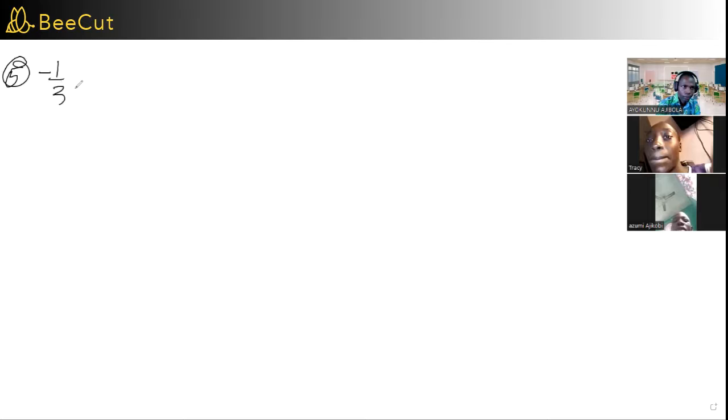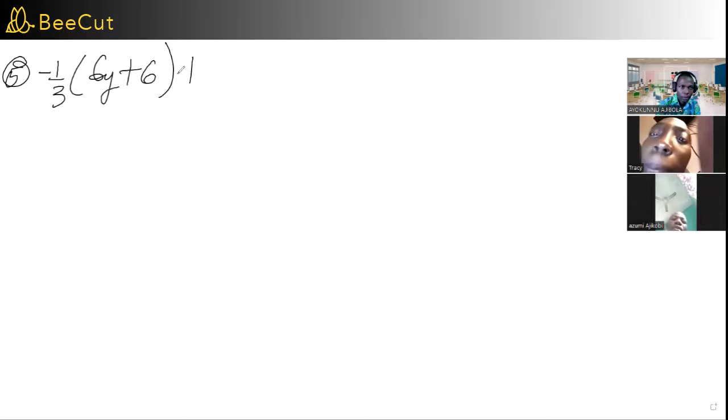Minus 1 over 3 into the bracket of 6y plus 6, close the bracket, plus 21, equal to 3y.